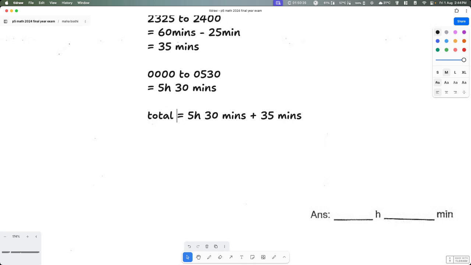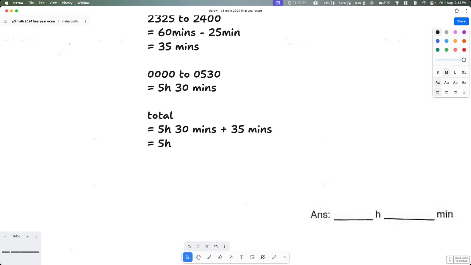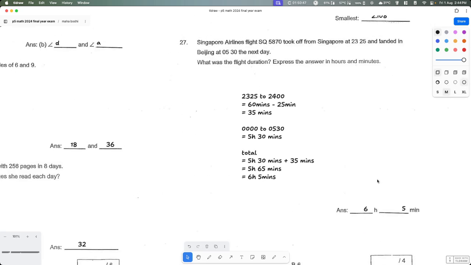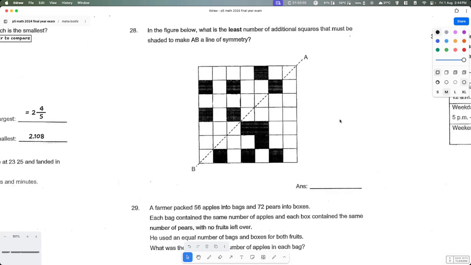So the total will then be equal to 5 hours and 65 minutes, or 6 hours and 5 minutes. Right, we cannot have 65 minutes, so the answer to this is 6 hours and 5 minutes. There you go. All right, let's move on to question 28.